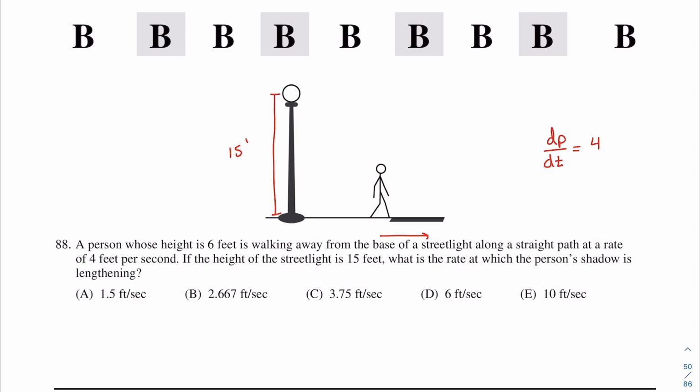That's a positive 4 feet per second. And we also have the person's height here, which is 6 feet. Okay. So the value that we're looking for is the rate at which the person's shadow is lengthening. And that shadow is this value here. It's like that triangle, right?